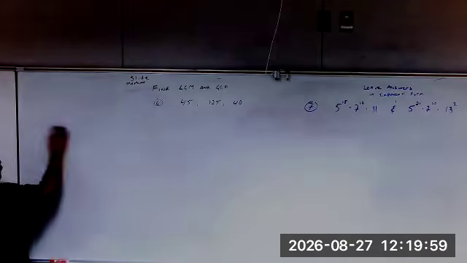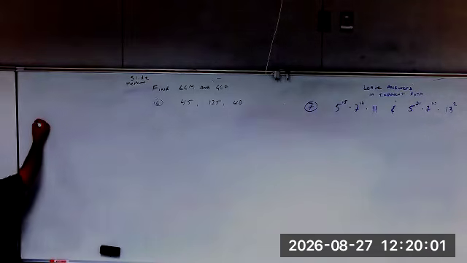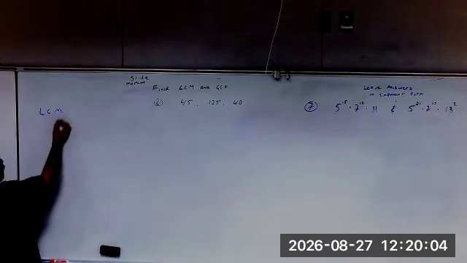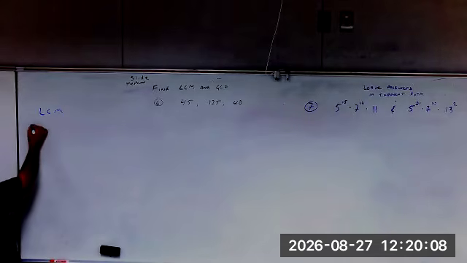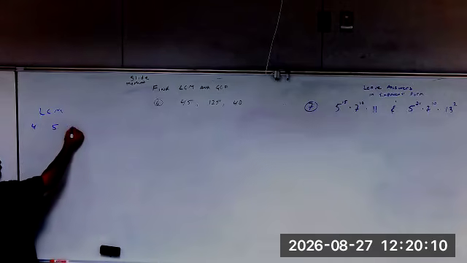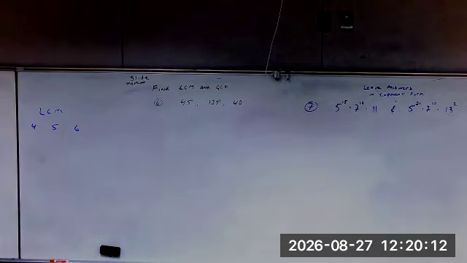If I was looking for the least common multiple using the list method for a 4, a 5, and a 6, what I would do is pick two numbers, any two numbers, and start there.